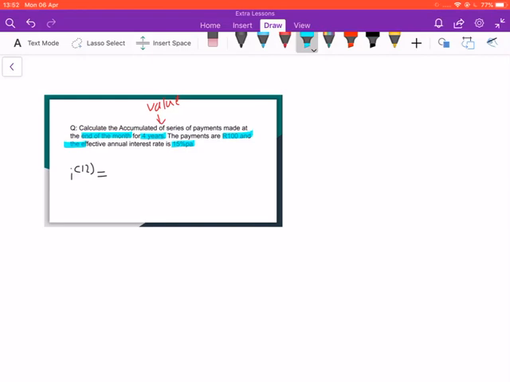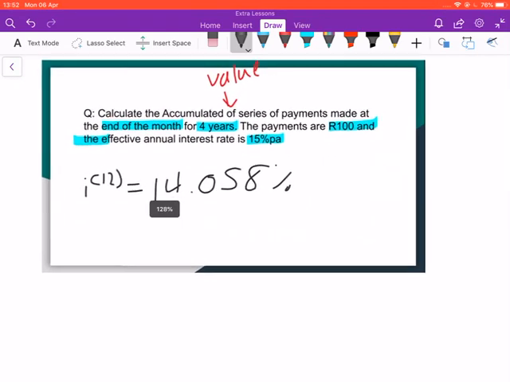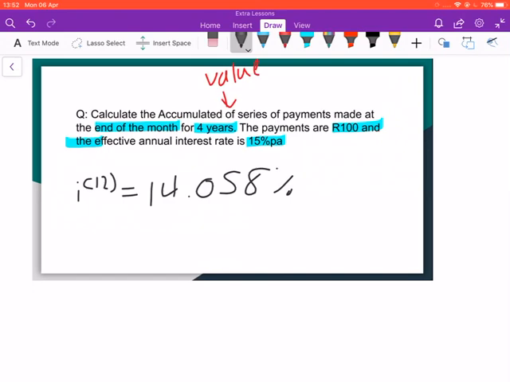So our i12 in this case is 14,058%. Check if you find the same answer as mine, and check where your mistake is, because I've done this many times.